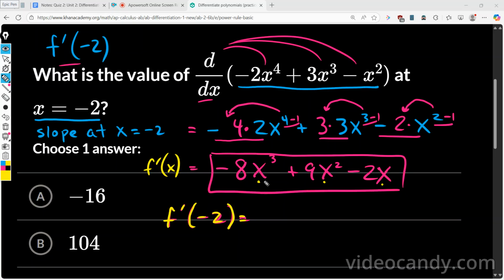All right, so negative 8 times x to the third. Plug in negative 2, so that's going to be negative 2 to the third. Plus 9x squared. So that's going to be negative 2 squared. All right, we're plugging in place of x. Minus 2 times negative 2.